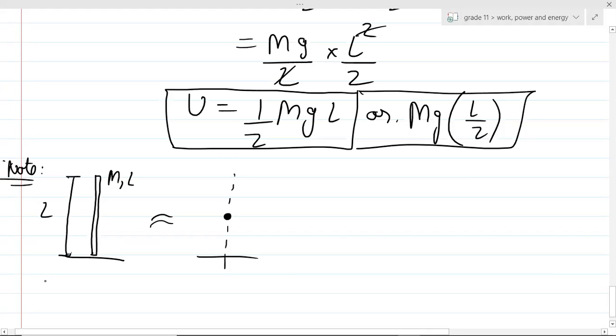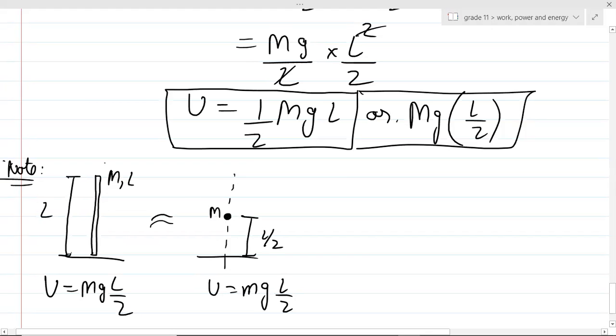So the potential energy of this rod was mg into L by 2. If you consider this as the center, then this distance will be L by 2 only. Are you getting my point, guys? So you can consider this rod as a point mass, whose mass is located at this point, and all the gravity is acting at this point.